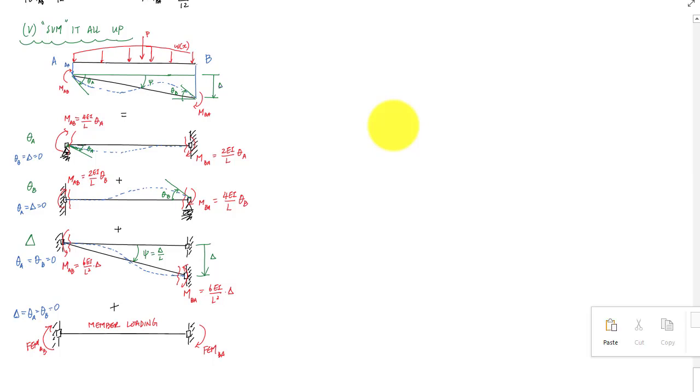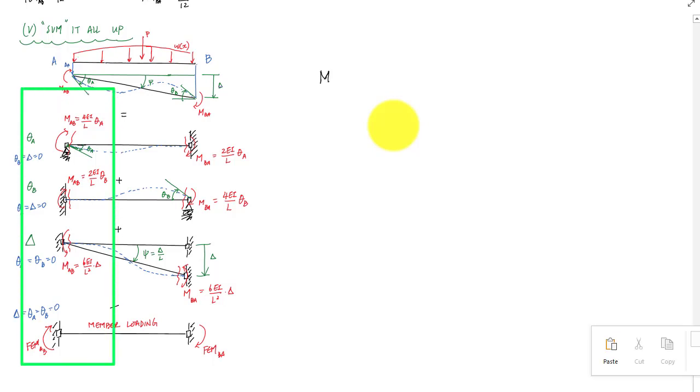This moment AB right here is equal to the sum of everything on the left here. And just like before, as part of our slope deflection sign convention, end moments going clockwise are positive.